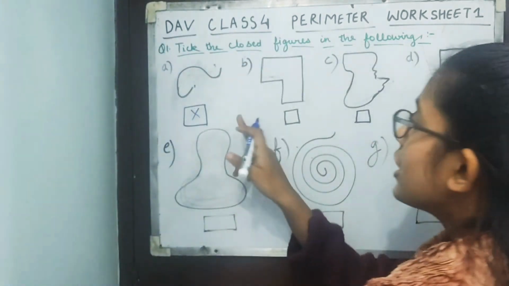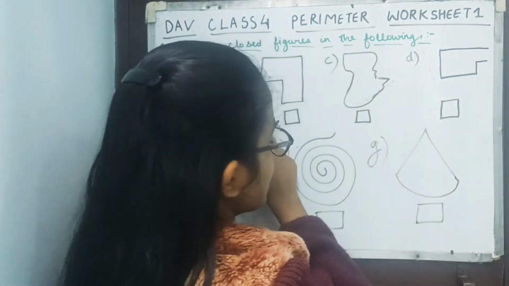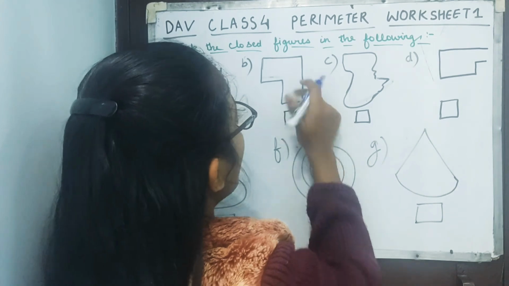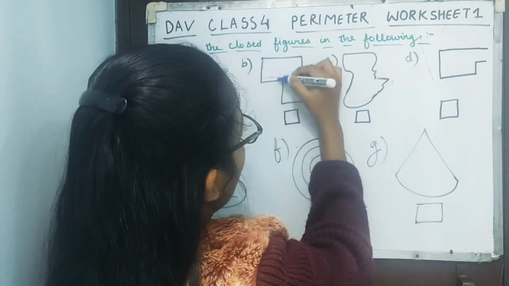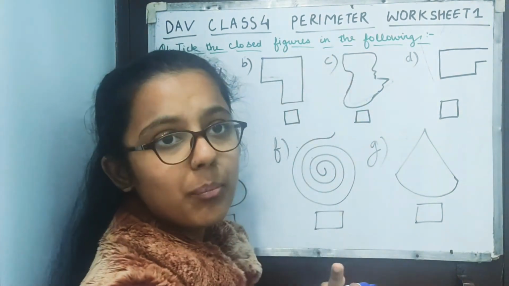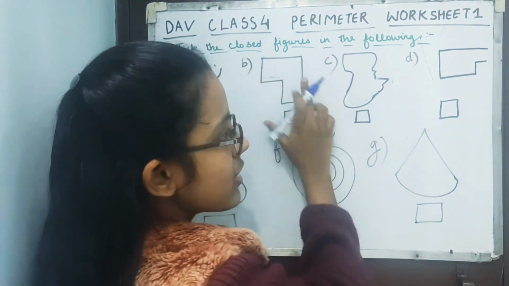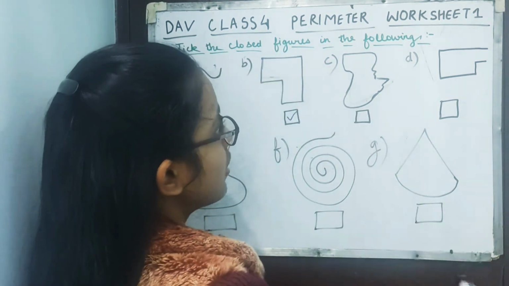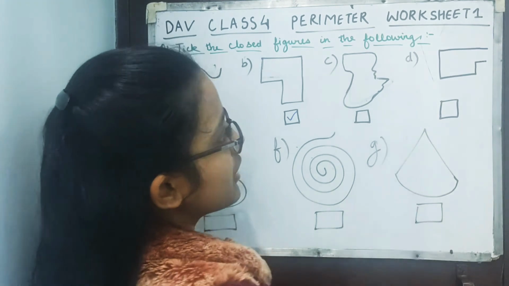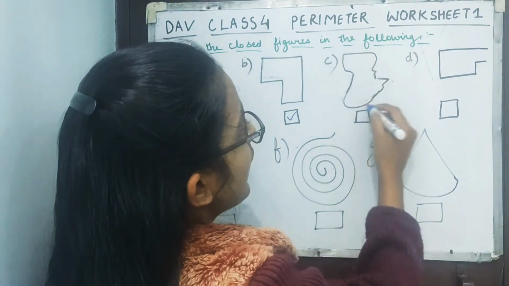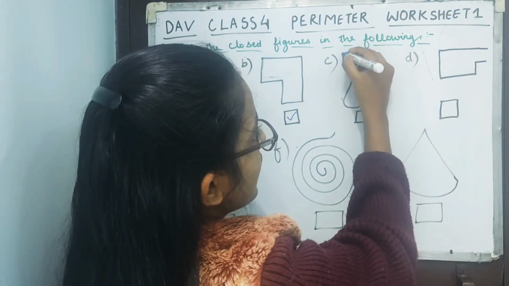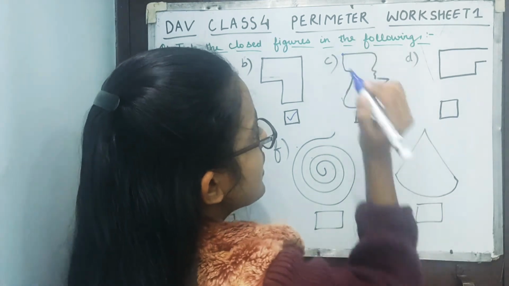This is not a closed figure. Our second figure is a closed one, starting from here and ending at the same point, so this is a closed figure. The third one is also a closed figure because it's not open and it starts from here and ends at the same point.